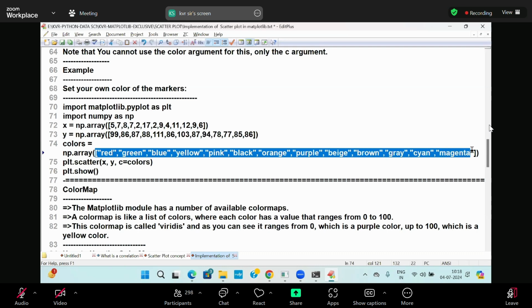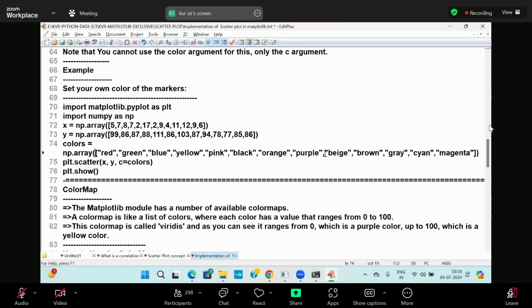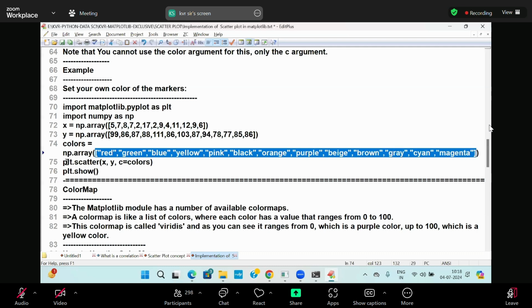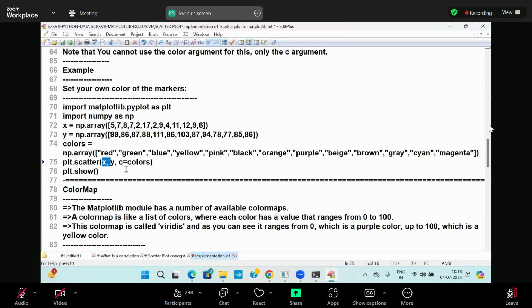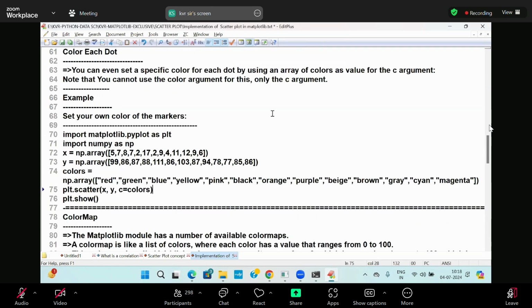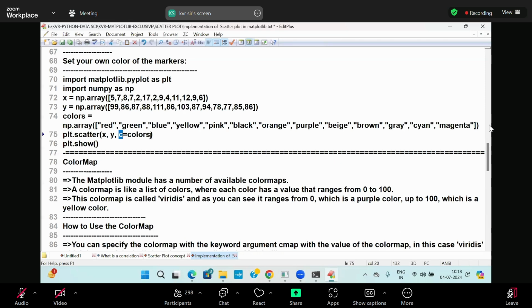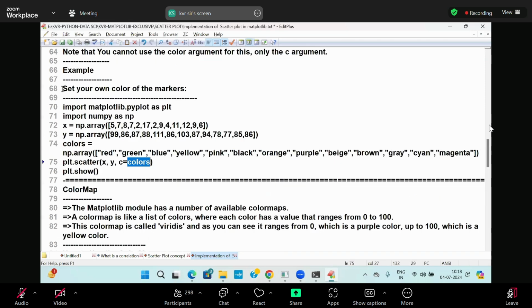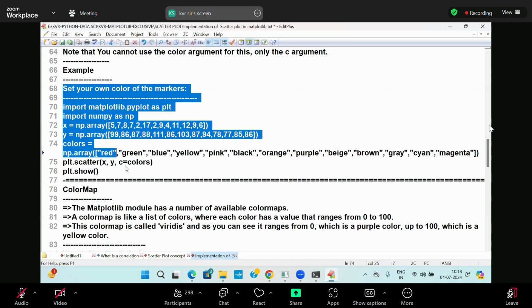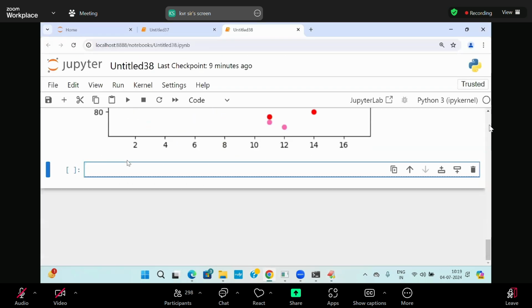All these colors I am taking. That many number of values I got. And scatter of x comma y, c is equal to colors. They are saying don't use color, you need to use c. c is equal to colors.